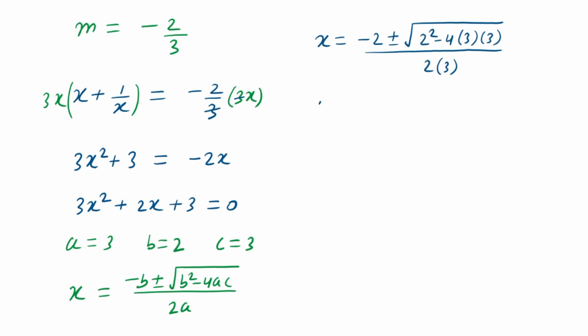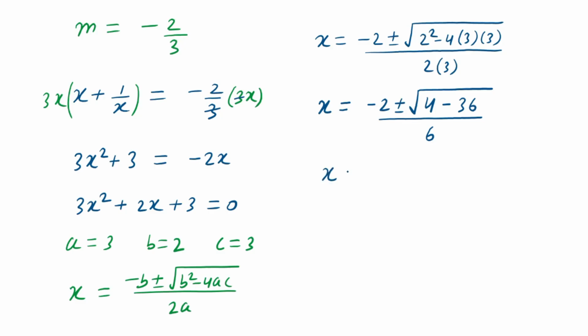So x is equal to minus 2 plus minus square root of 2 square is 4 minus 4 times 3 is 12, 12 times 3 is 36, divided by 2 times 3 is 6.